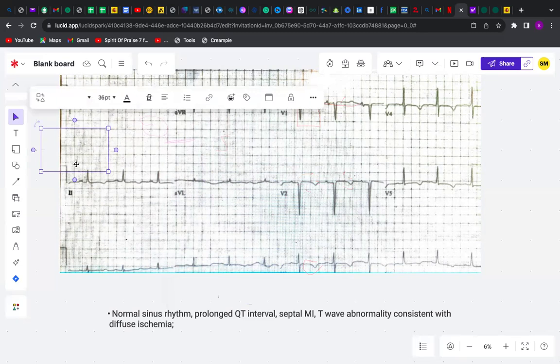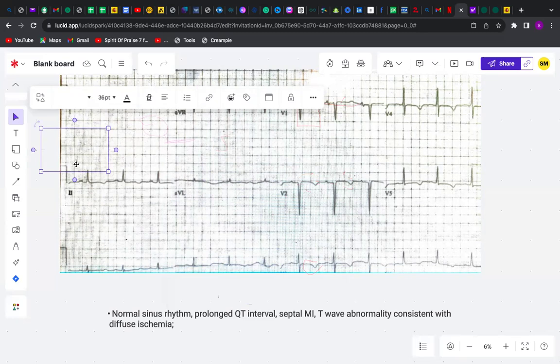You can just jot it down because my pens are not working today. So that would be the QT over the square root of the RR interval, in seconds.